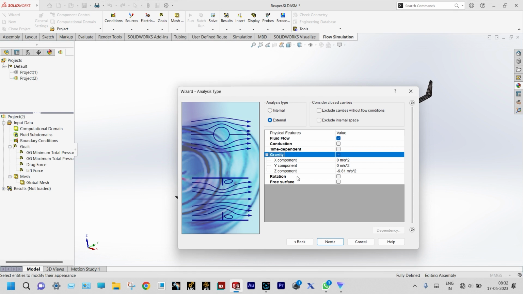And in this case, you can do two different types of analysis. We have already told that we can use the turbocharged propeller. In that case, you should consider this rotation also, but in this case we are not considering the rotation of the propeller. In this case, the operating velocity of the Reaper will be considered as the input velocity as a boundary condition, right? So we are not considering rotation.